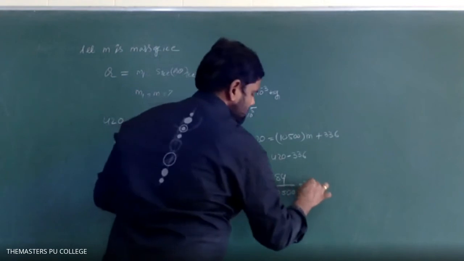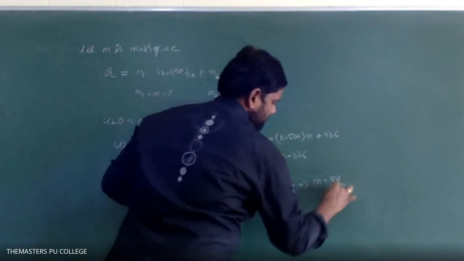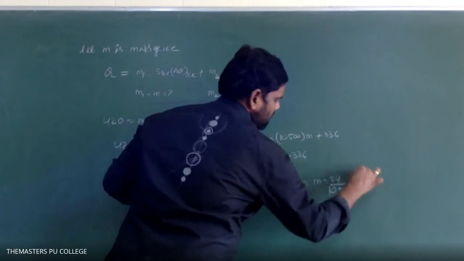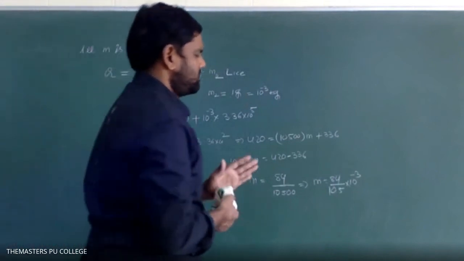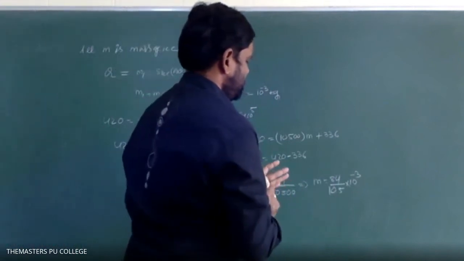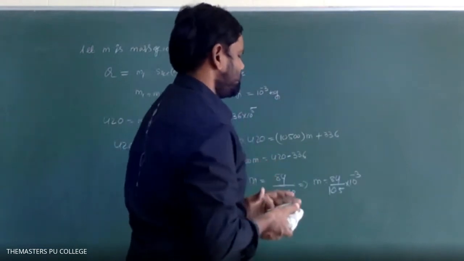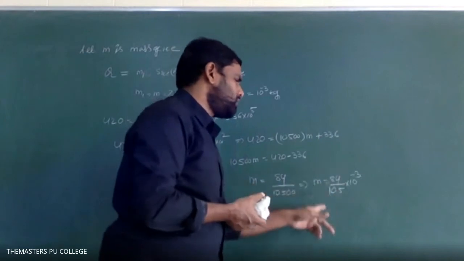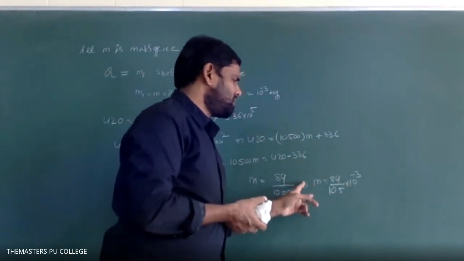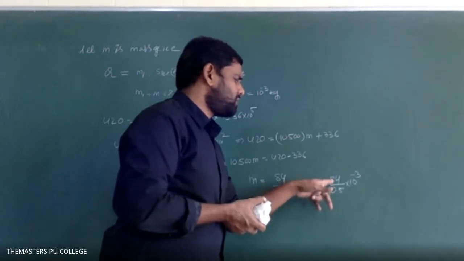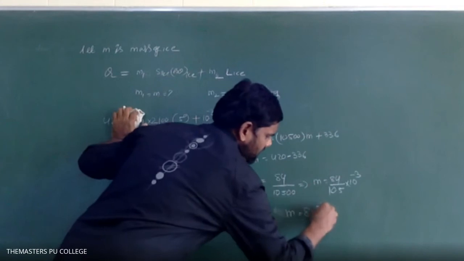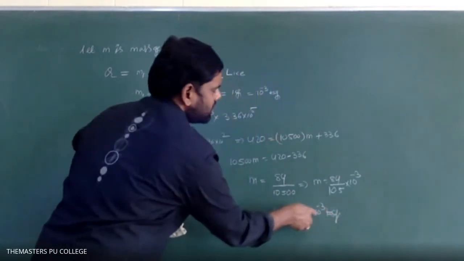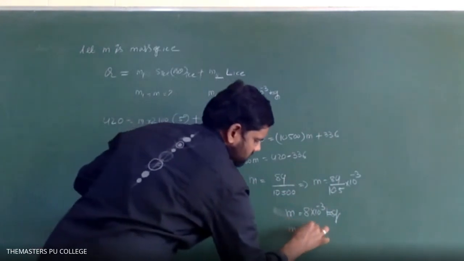So this can be written as m equals 84 divided by 10.5 into 10 power minus 3. 84 by 10.5 is 8. So m equals 8 into 10 power minus 3 kg. 10 power minus 3 kg can be written as 1 gram. That's why m equals 8 grams.